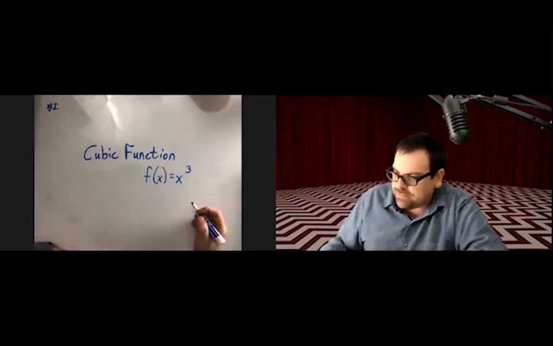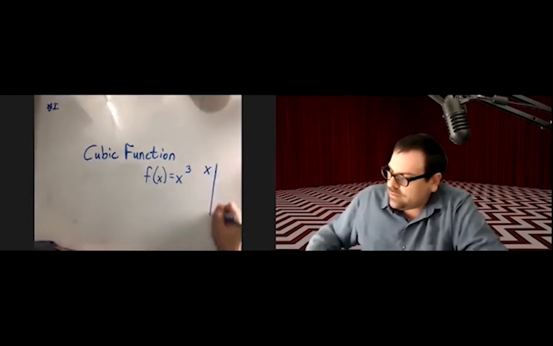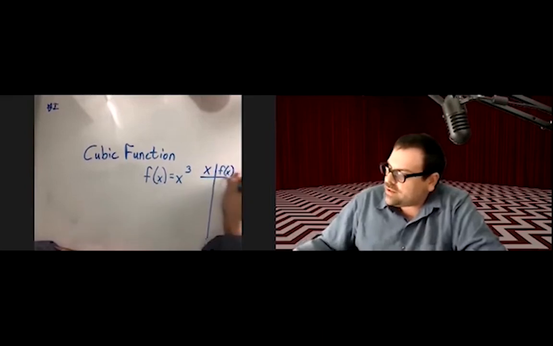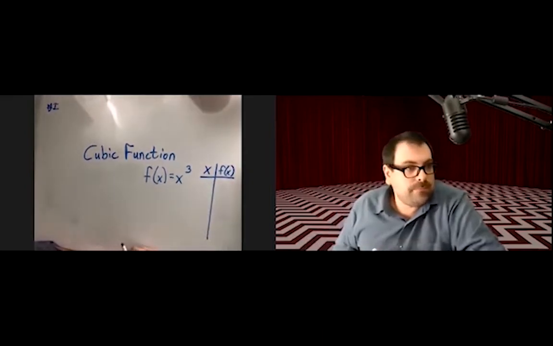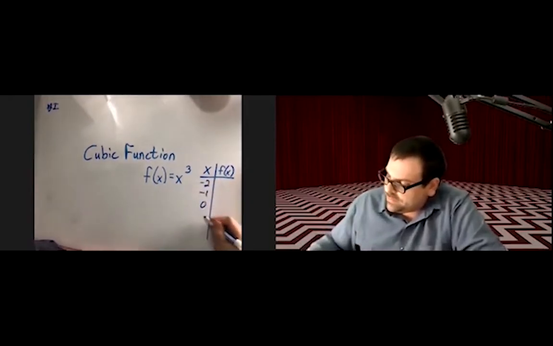Let's see what this shape is by doing a table. X, f of x. I'll do some negatives, 0, and some positives.